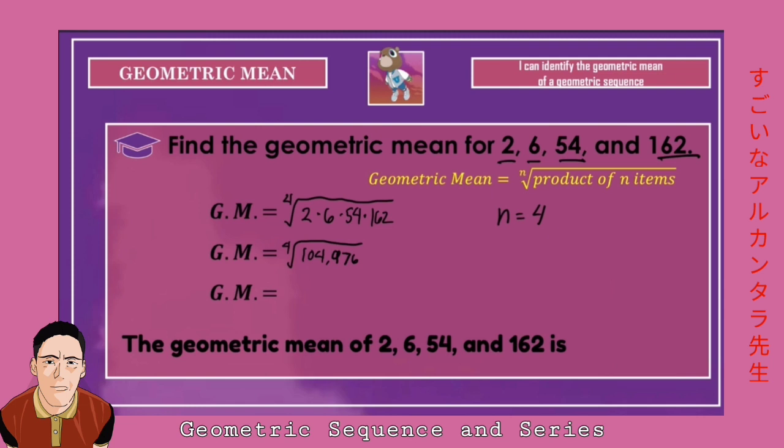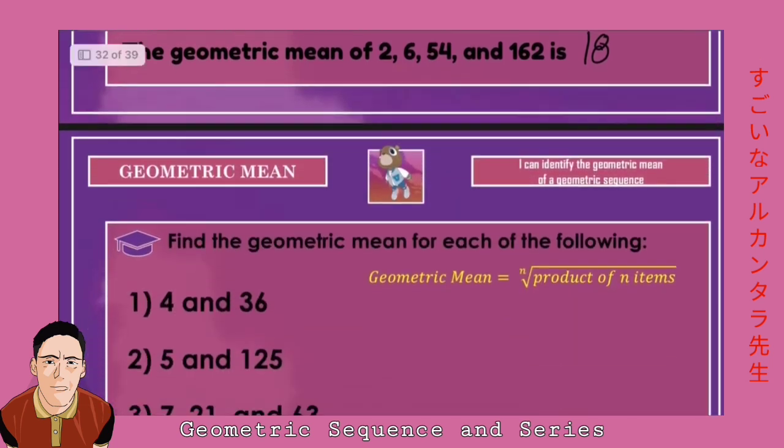Let me do that. Fourth root of 104976. Okay, it's 18. I just typed it in Google and it gave us the answer. So it's 18. Let's continue.